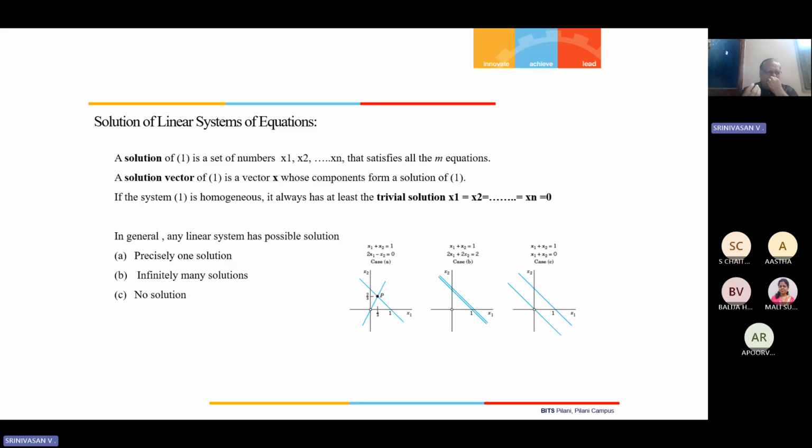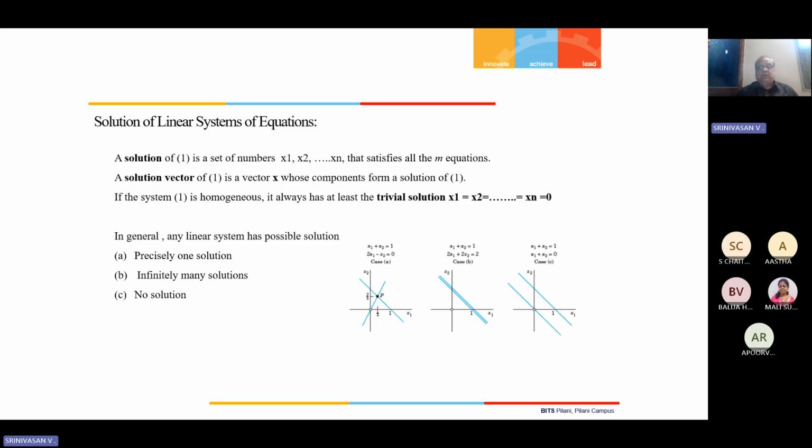Ordinarily, by looking at the geometrical way, here you have an equation. If you take the first graph, x1 plus x2 equal to 1 and 2x1 minus x2 equal to 0. You are plotting these equations. If you solve this one, x2 and minus x2 get cancelled.